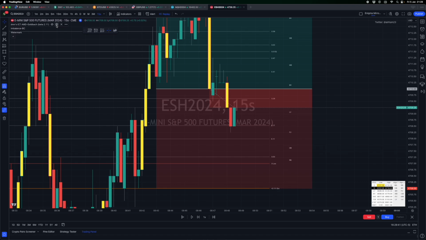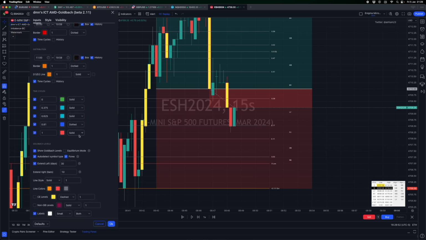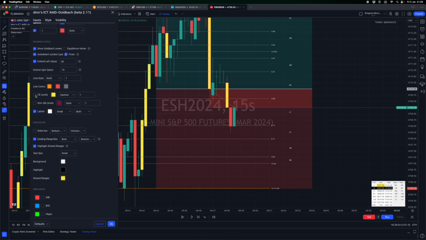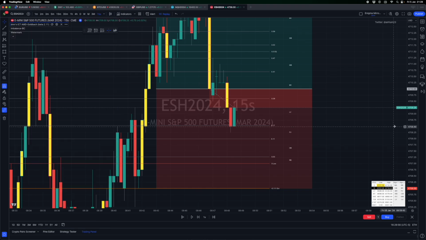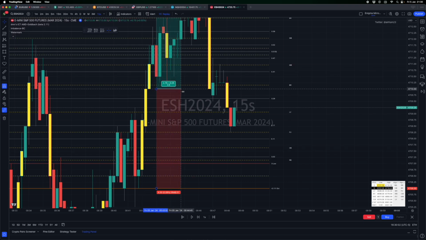Now, not only have we created liquidity at the beginning of this fair value gap, if you have a look at the consequent encroachment levels, this is exactly consequent encroachment. Okay, so let's use the price tool.